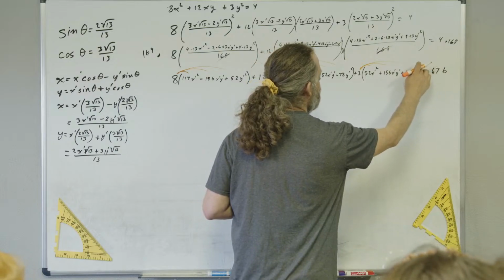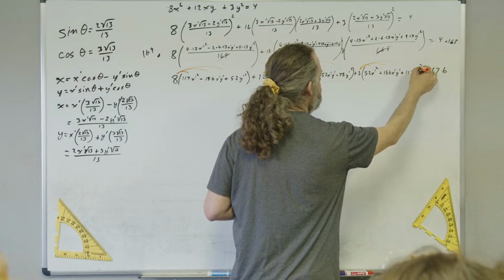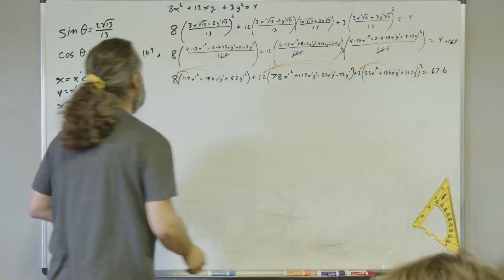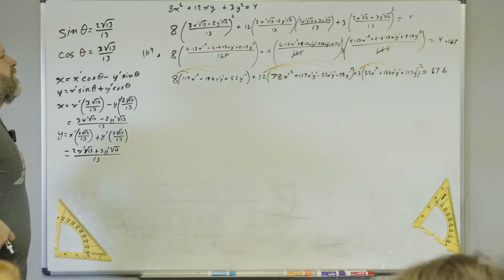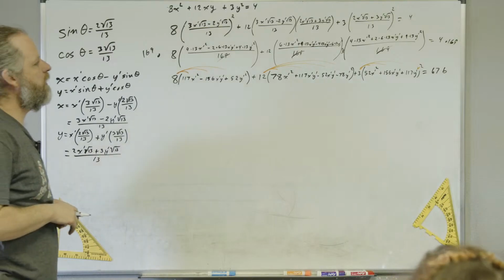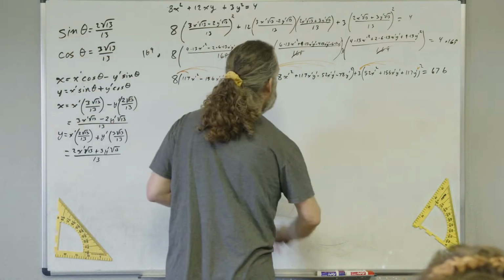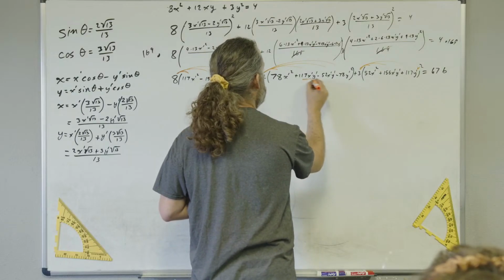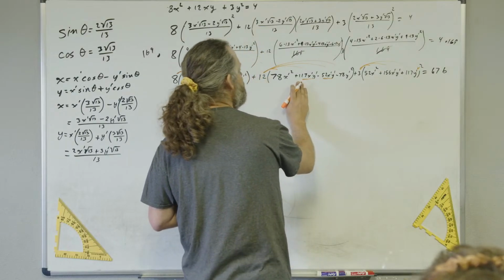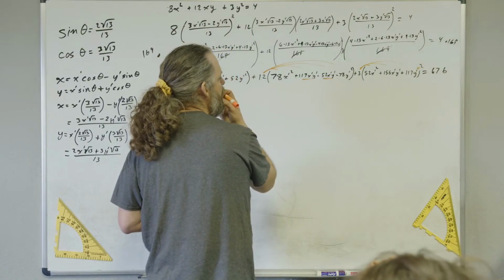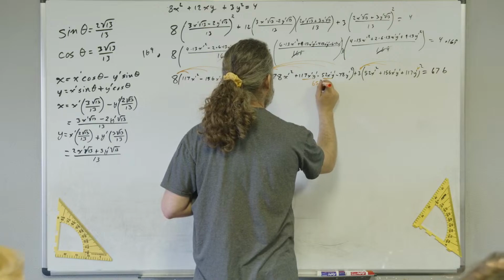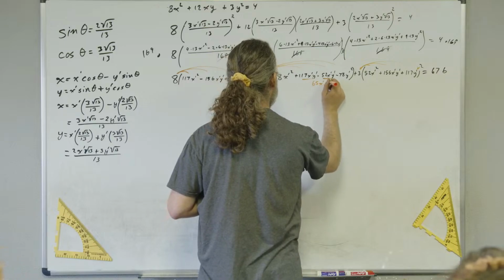This doesn't go there, it goes here. Okay, now we got big old numbers. We could probably combine these real quick to make it at least slightly more reasonable. 117 minus 52, 65, is that right? 5x prime y prime.